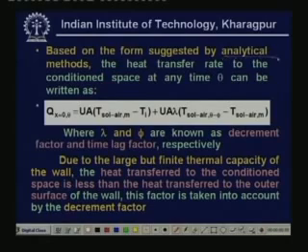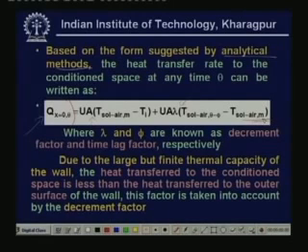At any time, the heat transfer rate to the conditioned space, that is Q at x equal to 0 and theta, is equal to UA, where U is the overall heat transfer coefficient of the wall and A is the surface area of the wall, multiplied by (T sol-air subscript m minus T_i), plus UA into lambda into (T sol-air at theta minus phi, minus T sol-air subscript m).